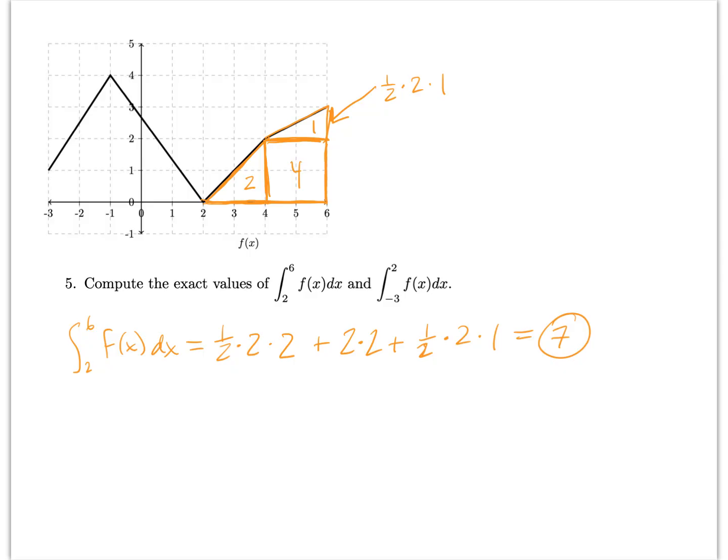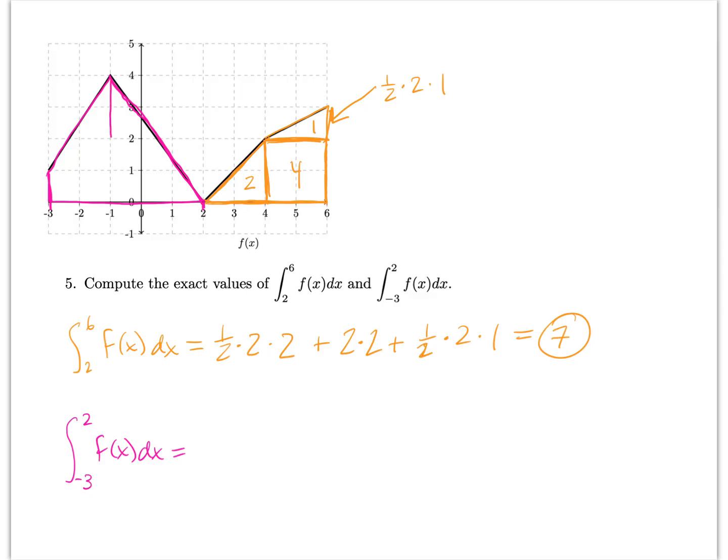All right, and then the integral from -3 to 2, that is this area. All of this area, and it's all just straight lines. So I'm just going to break it into shapes that I know formulas for to find the area. I'm going to start with the interval from -3 to 1.